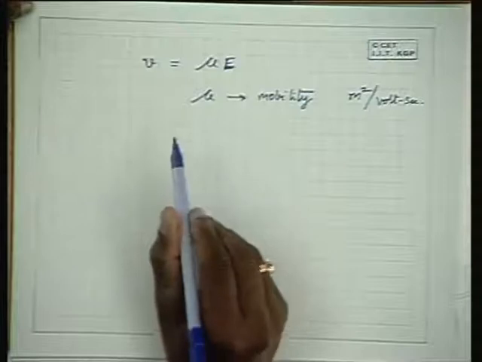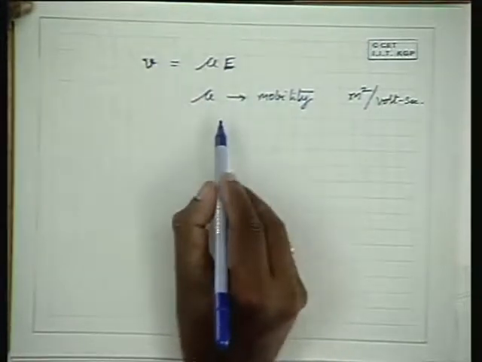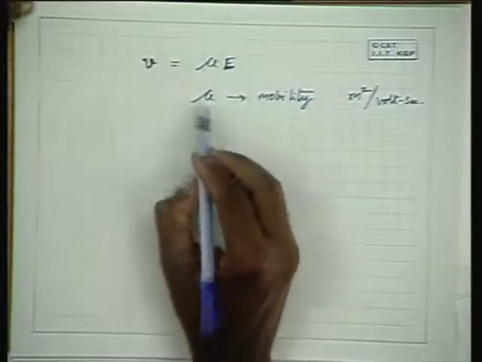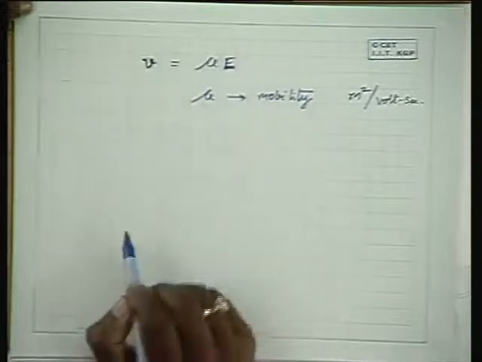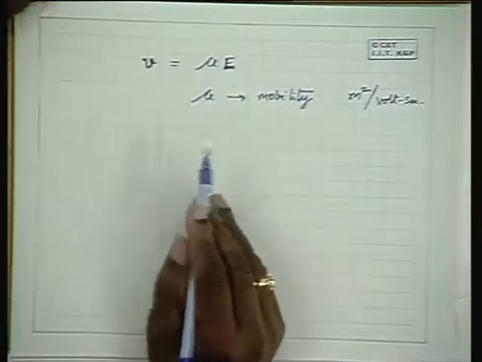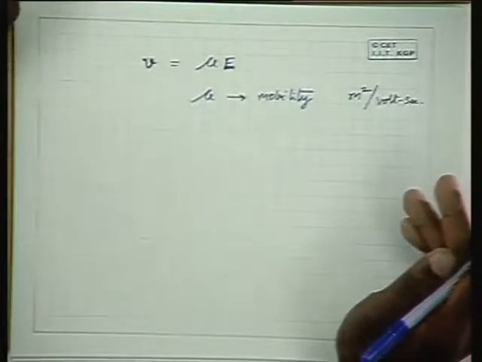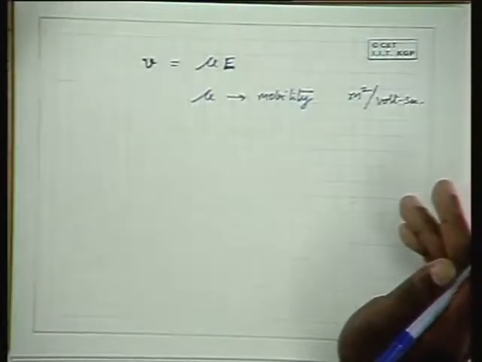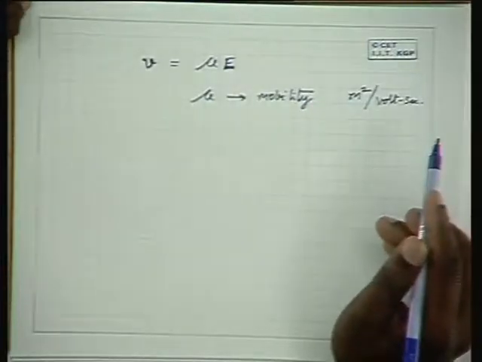Now, when charged particles like electrons can possess a particular velocity v under the influence of field E, what kind of resistance or conductivity is exhibited by the material? Okay. On what does the conductivity of a material depend?